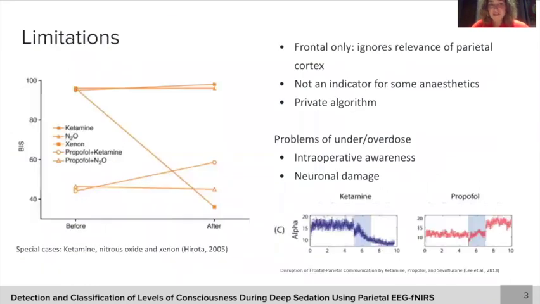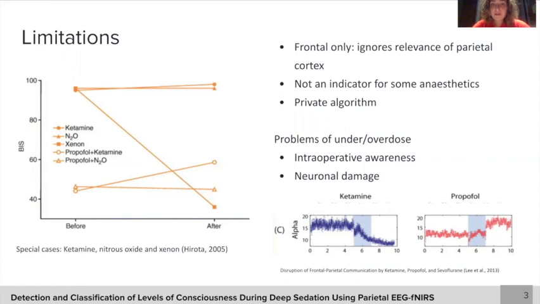However, this has limitations. For example, the bispectral index uses only a frontal EEG band, which ignores the relevance of other brain areas that are related to consciousness, especially the parietal cortex. It is also not an indicator for some anesthetics.